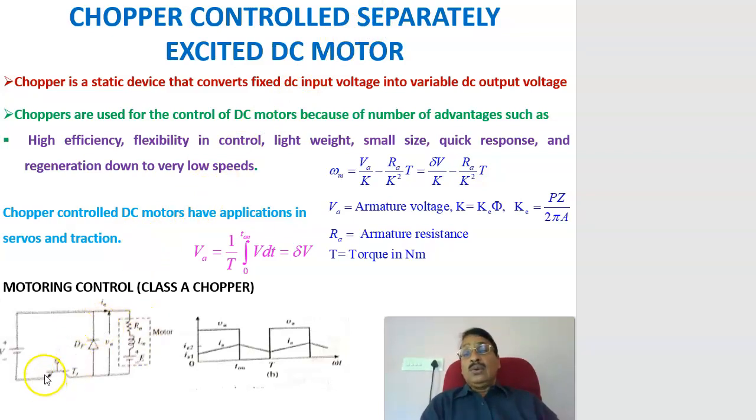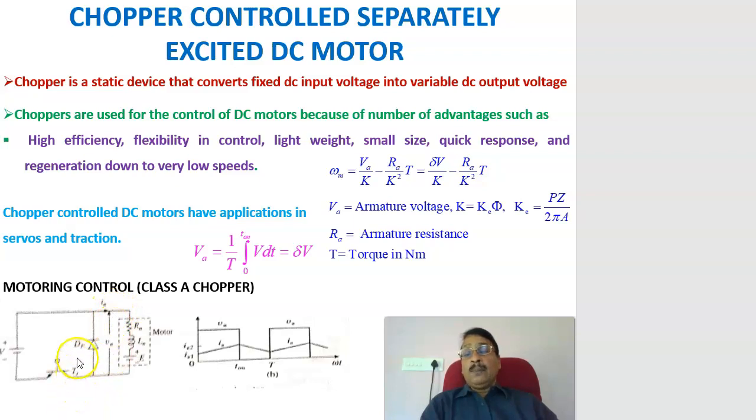Now coming to the circuit, in a chopper circuit here, the DC source is represented by VDC, and it is connected to a motor. The motor equivalent circuit is represented by RA, the armature resistance, LA, the armature inductance, and E, the back EMF. Across that, a freewheeling diode is connected, and the voltage across the armature is represented by VA, and the current through the armature by IA.